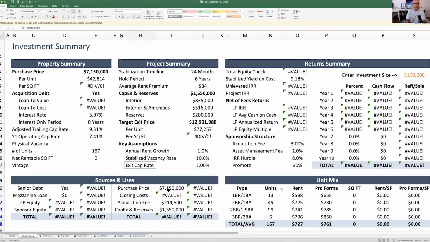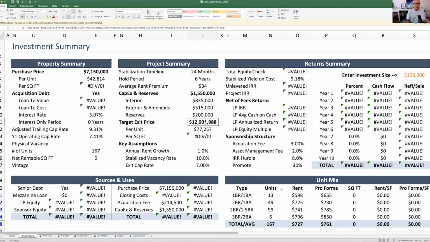So here's the exit cap that we came with on this deal. Now, I happen to remember that the prevailing market cap was 6%. And you can see we're at 7%. That's where we built in our buffer. We built in an entire percentage point higher than the current cap rate. You'll also hear people say 100 basis points higher.